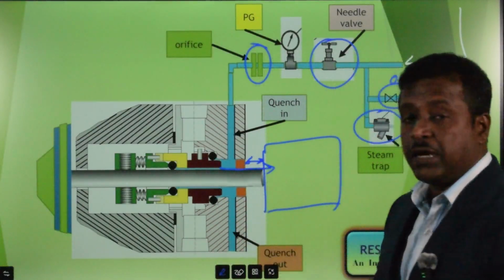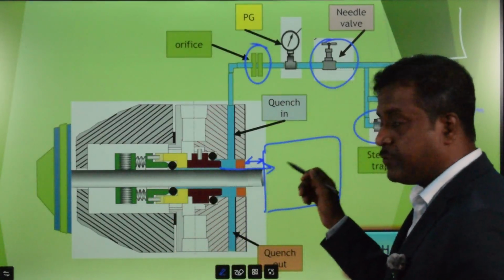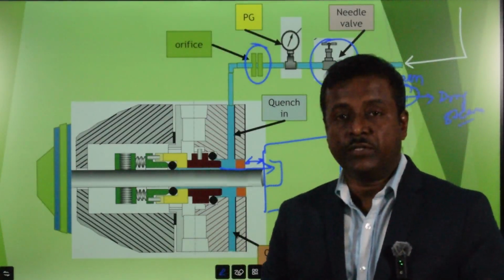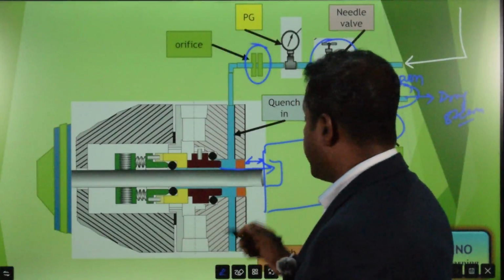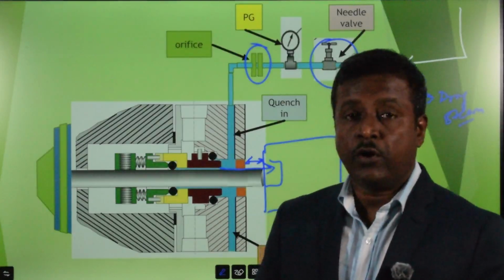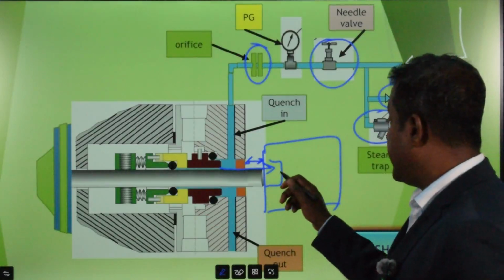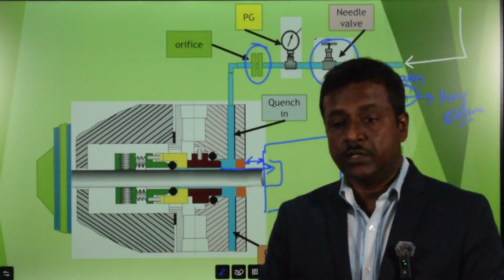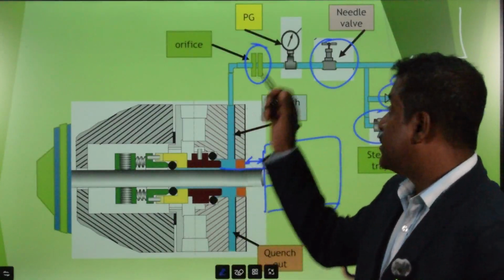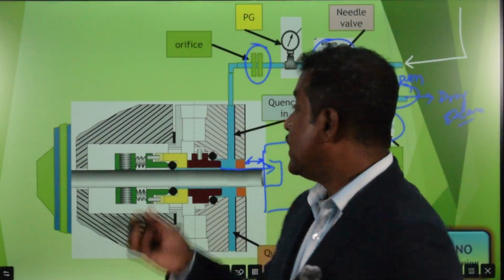So steam or high velocity condensate easily travels this path and ultimately contaminates your bearing housing oil. So your pump may fail because of lack of lubrication, or a contaminated lubrication problem may arise.